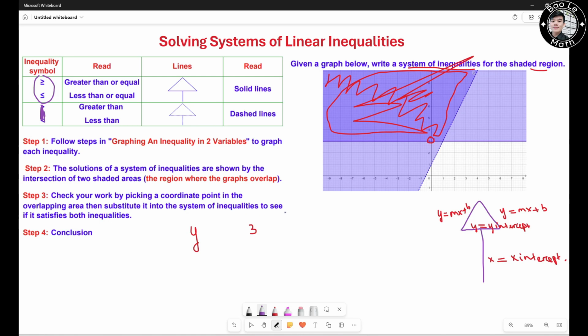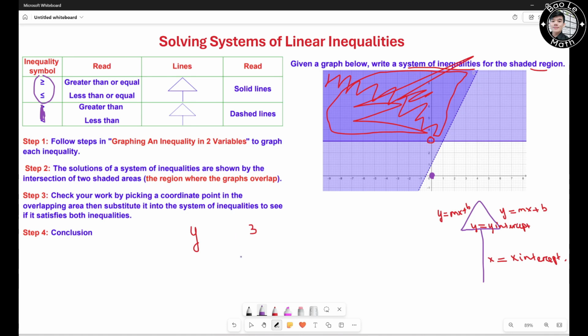Alright, so I need to pick the point 0, 0. And this is outside the shaded region, because the shaded region is going to be above. So this point is outside, which means when you substitute 0, 0 into this inequality, it makes the inequality false, right?